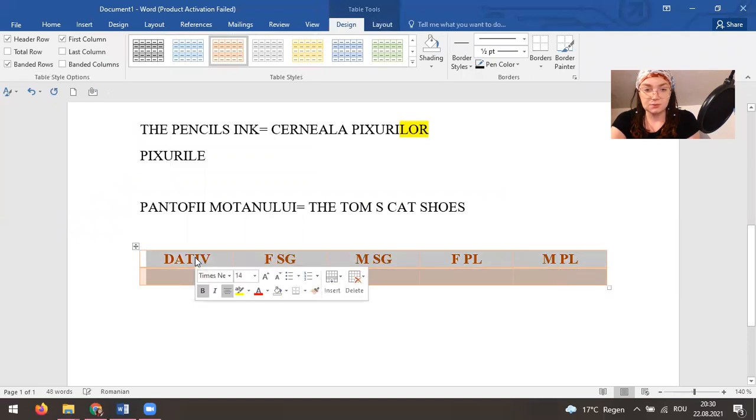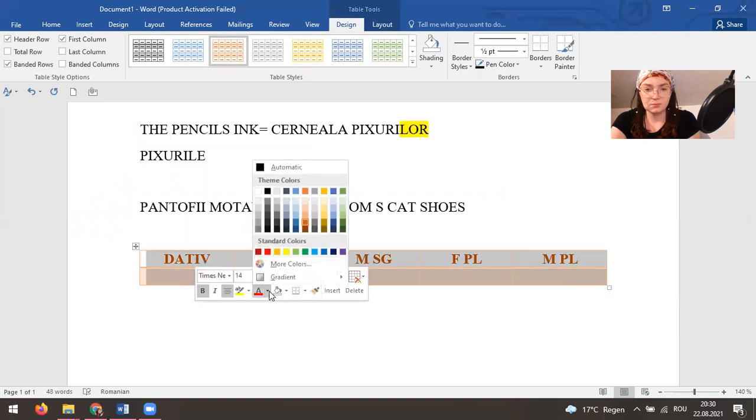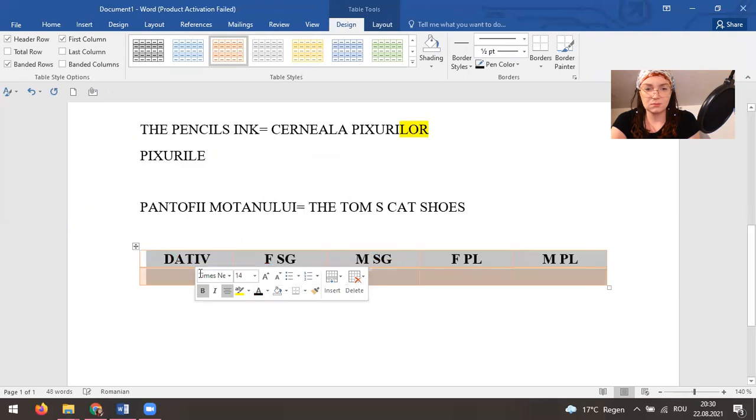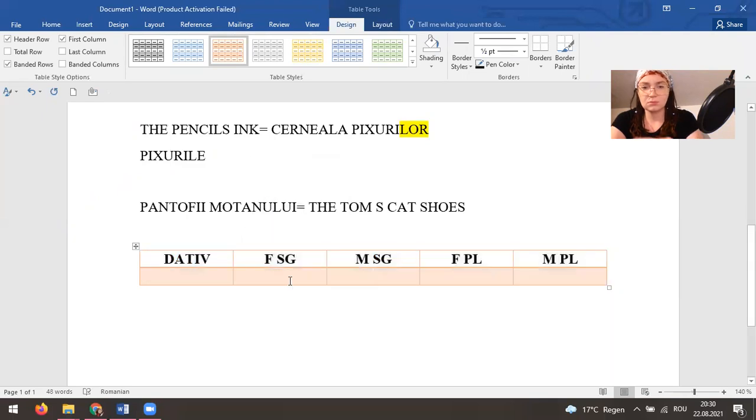So far, so good. Here it will end with a. Here it will end with ei. Here it will end with lor. Here it will end with lor. How easy is that?